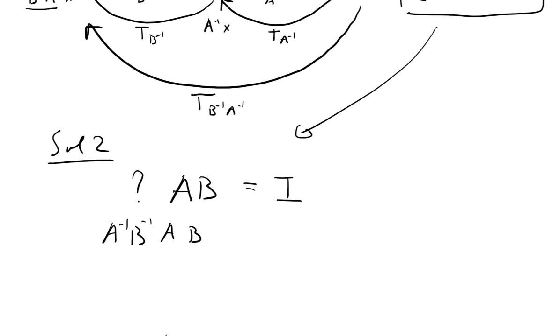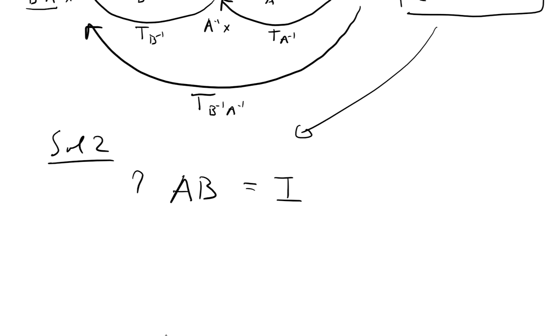If I'd like to have A next to A inverse, I would have to switch the order of the multiplication, and I can't do that because matrix multiplication doesn't commute. So this is not the inverse. At least it's not going to give you I. If you multiply it by AB, it's going to give you some other matrix, possibly not I.